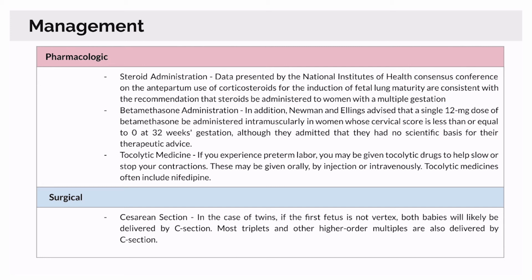Next is betamethasone administration. Newman and Ellings advised that a single 12 mg dose of betamethasone be administered intramuscularly in women whose cervical score is less than or equal to 0 at 32 weeks gestation, although they admitted that they had no scientific basis for their therapeutic advice.